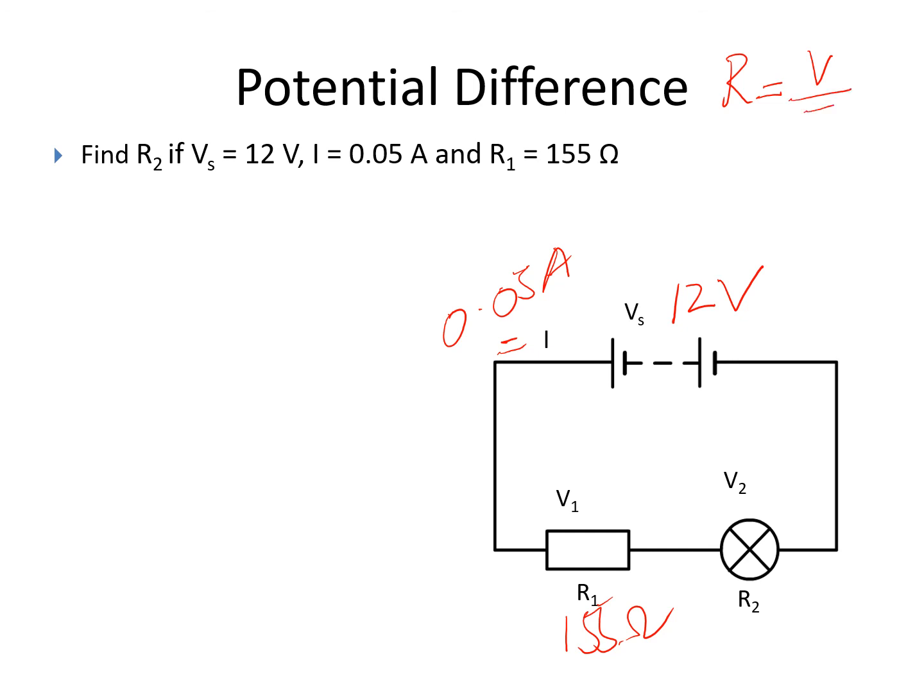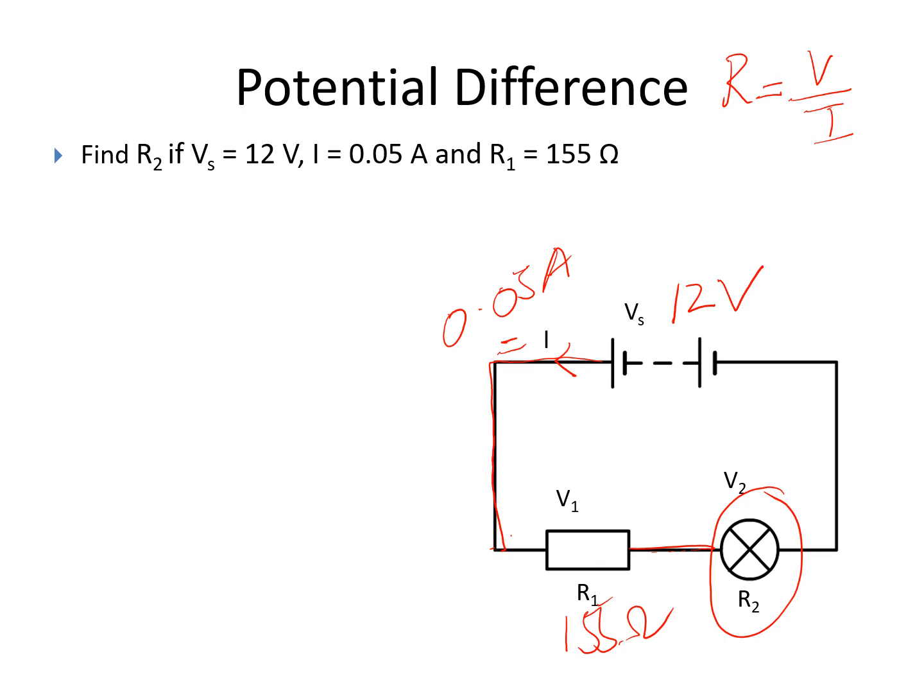Resistance is equal to V over I. So when I'm looking at R2 to find its resistance, I need to know the voltage across R2. I need to know the current flowing through R2. Half of that job is done. We know that the current flowing is 0.05. Since it is a series circuit, everywhere it should be 0.05.